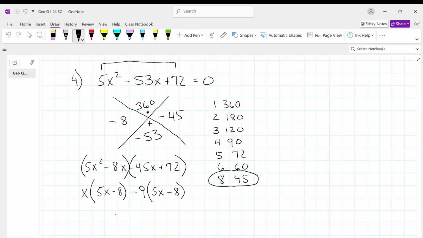So our factors are x minus 9 times 5x minus 8 is equal to 0, and then set each factor equal to 0 and solve.